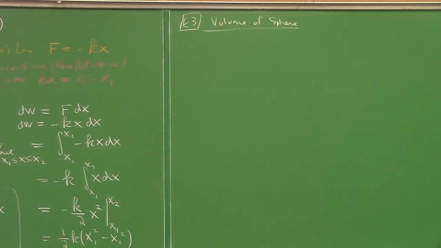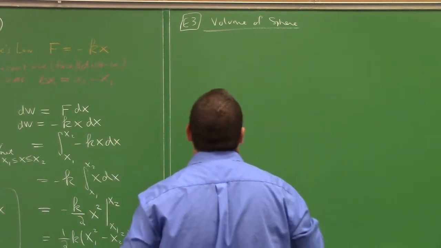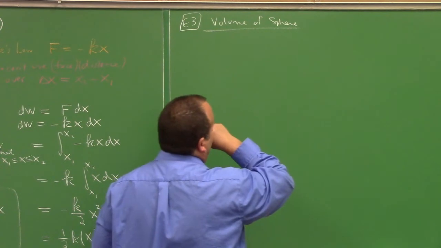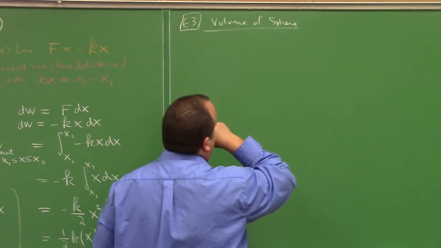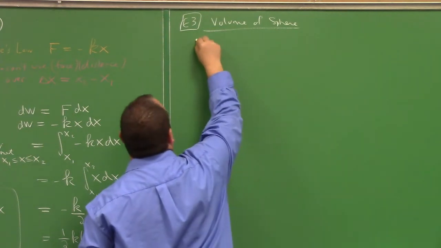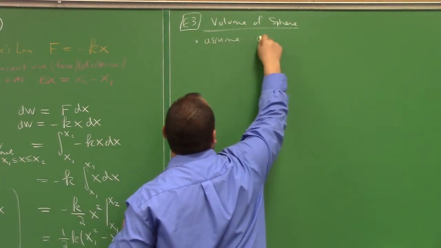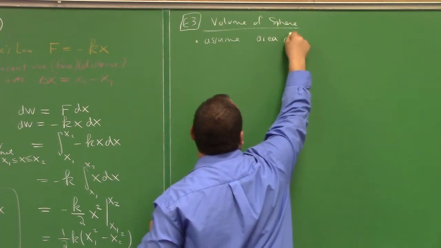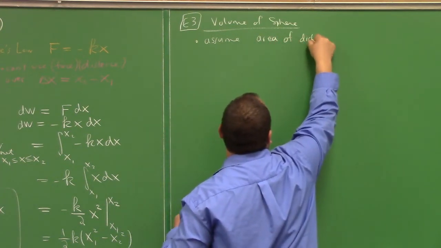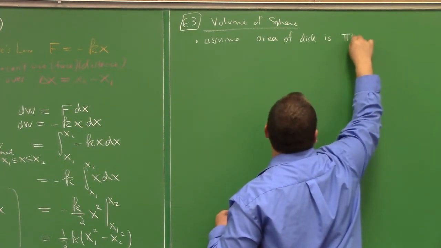All right, so I'm going to assume that the area of a disk is pi r squared, right?